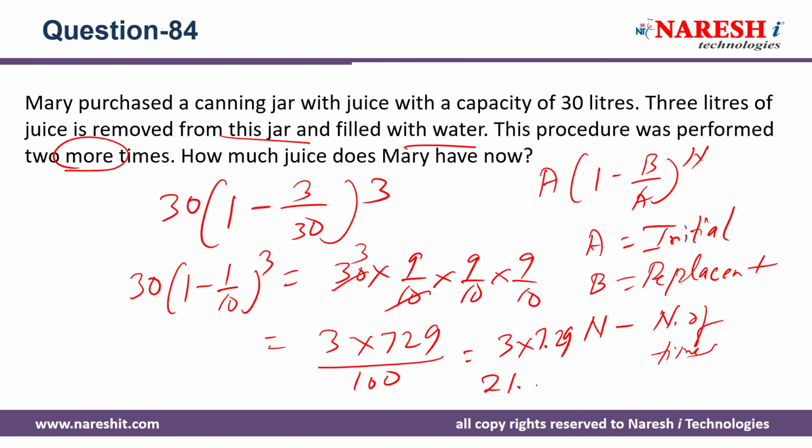So the answer is 21.87. That means out of 30 liters of initial juice, after replacing 3 times, the juice finally left is 21.87 liters out of 30, and the remaining value will be water.